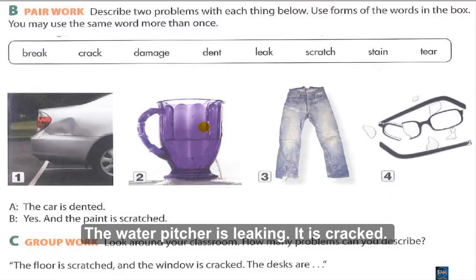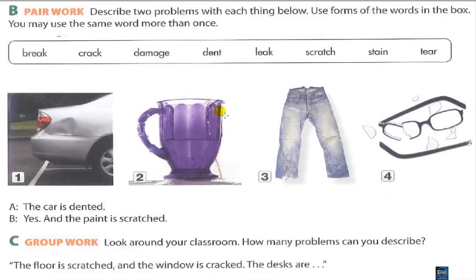Another thing also, I could say that of course it's cracked. This is a crack. So it's leaking and it's cracked.